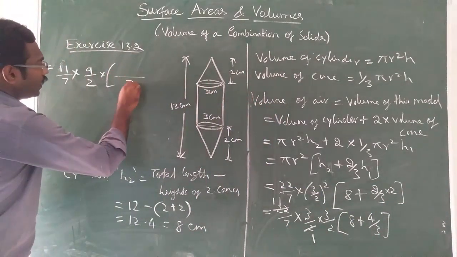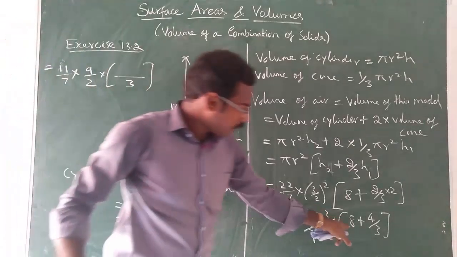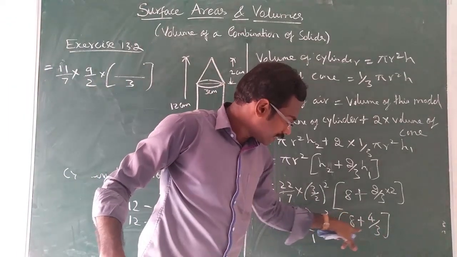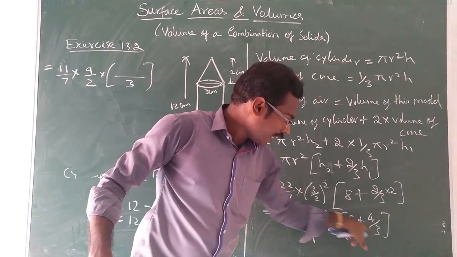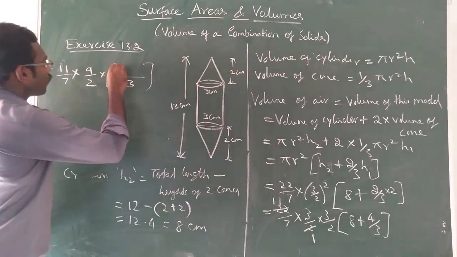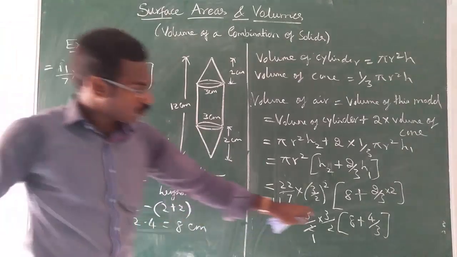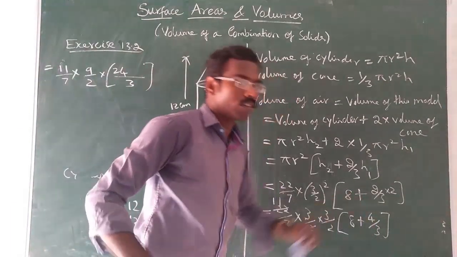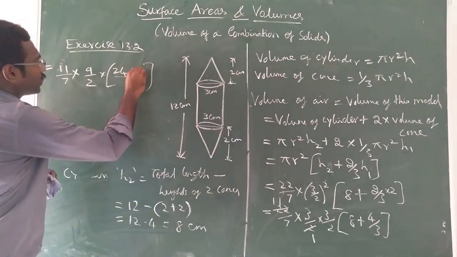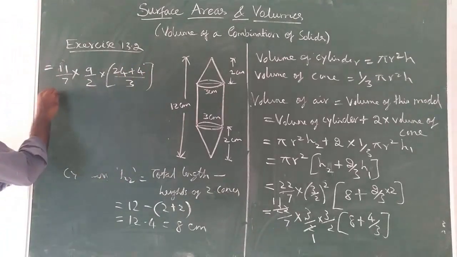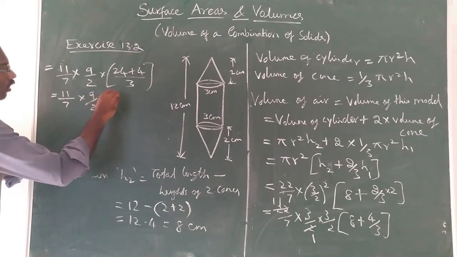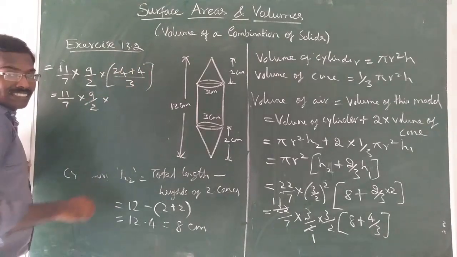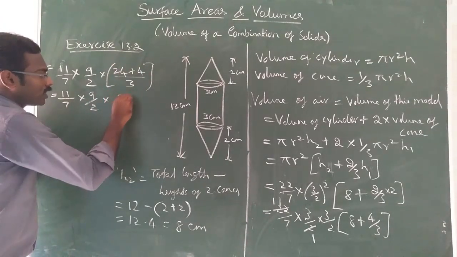I am taking the 3 as the common LCM. So 3 eights are 24, plus 4.